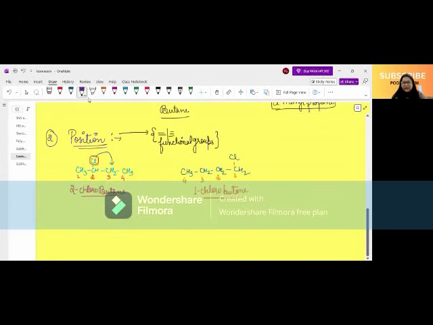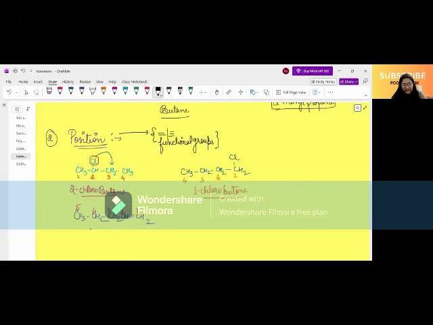Let's see one example of a double bond or a triple bond as well. So I will number it from here. 1, 2, 3, 4, 5. 5 means pent.